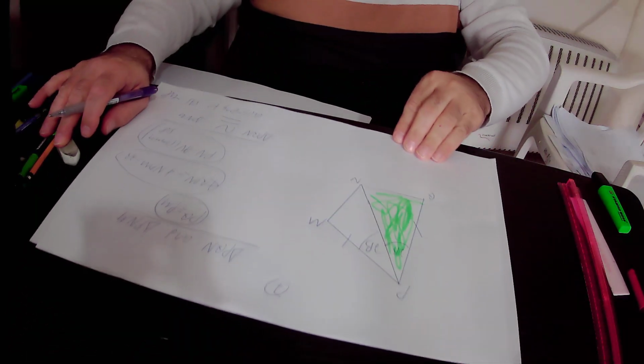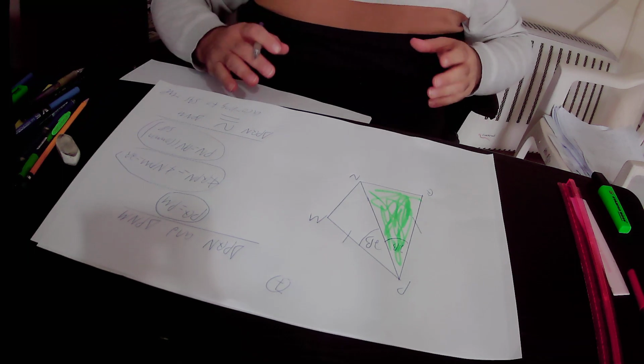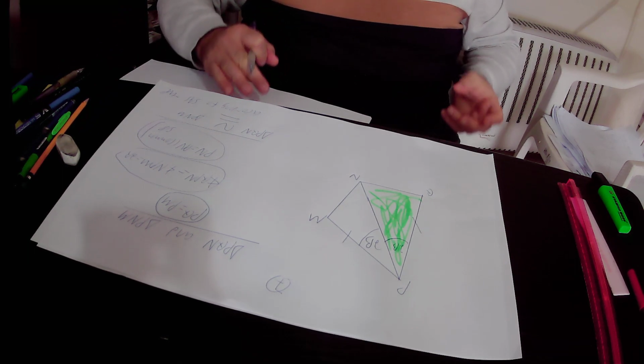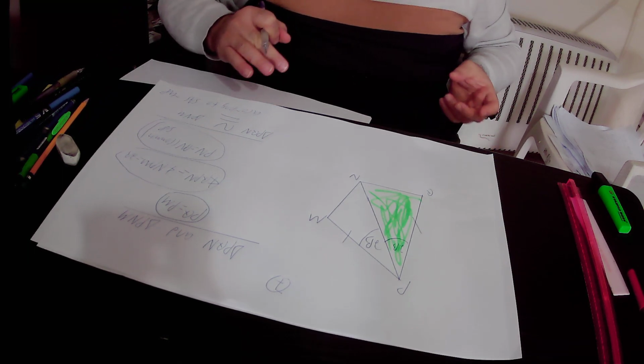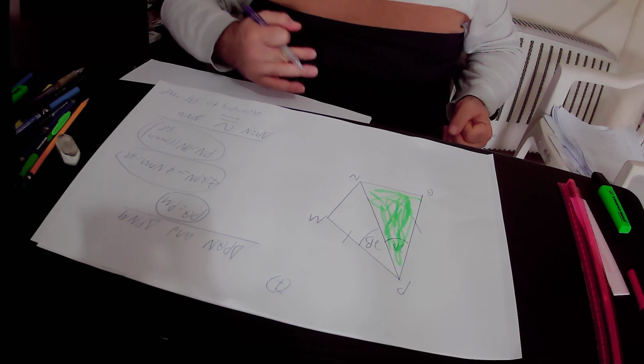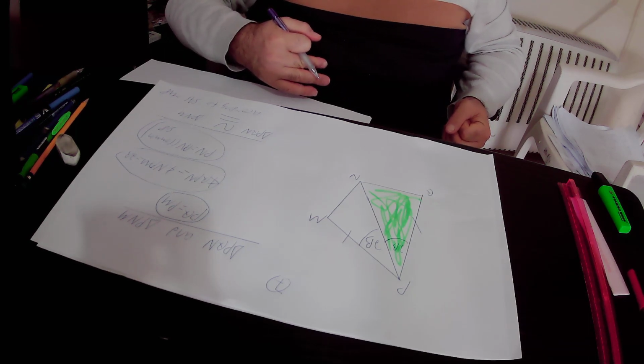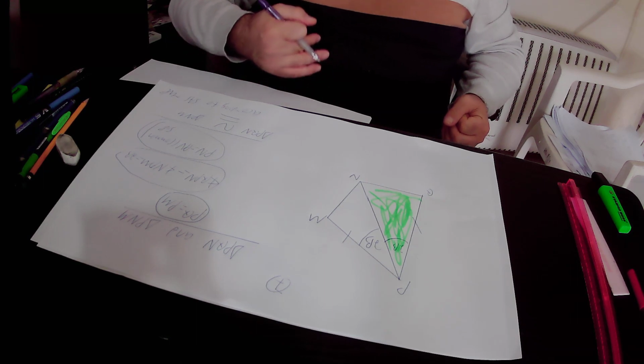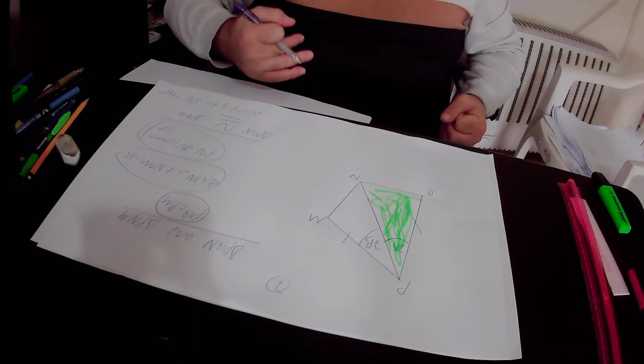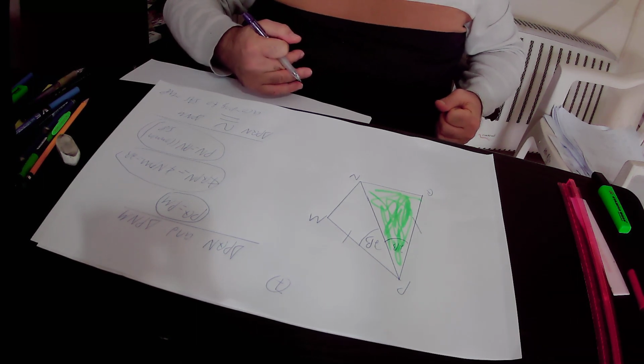The side rule is that if you prove that two sides and the angle located between those two sides in one triangle are congruent to two sides and the angle between them in another triangle, then those two triangles are congruent according to the side rule.